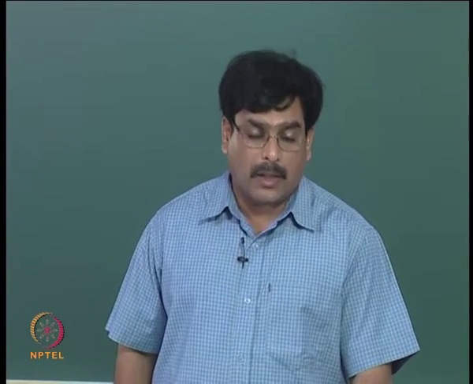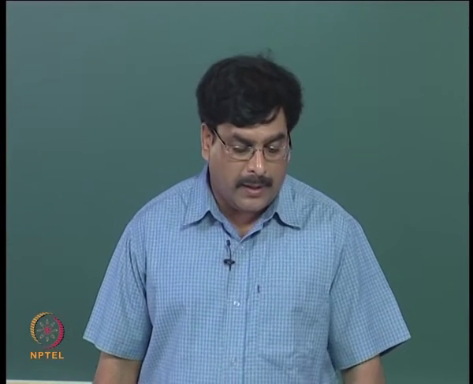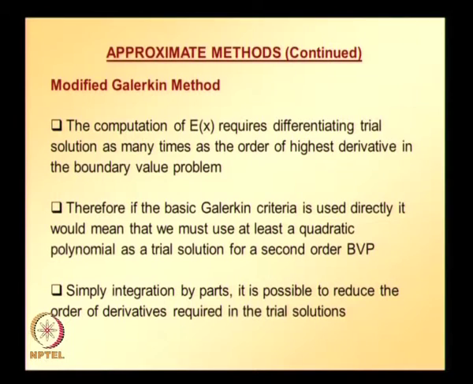So in a way we are imposing some restriction on the initial trial solution that we can start out with for solving that particular problem. So can we somehow reduce this demand on the initial trial solution, or reduce the order of differentiation of residual? If the basic Galerkin criteria is used directly, it would mean that we must use at least a quadratic polynomial as trial solution for a second order boundary value problem, and the solution for this problem is simple integration by parts.